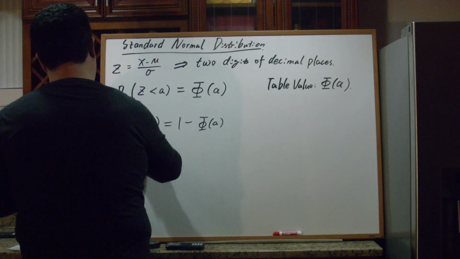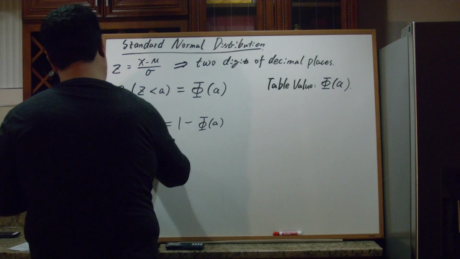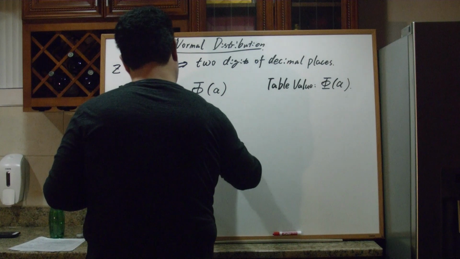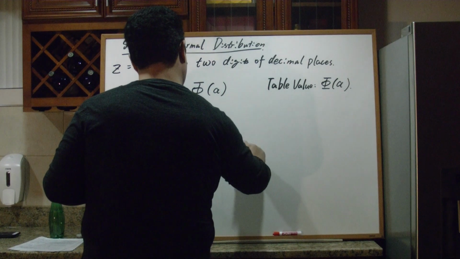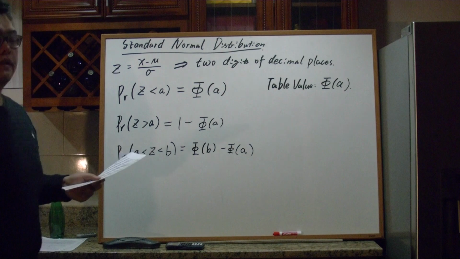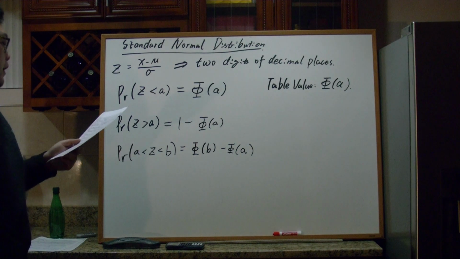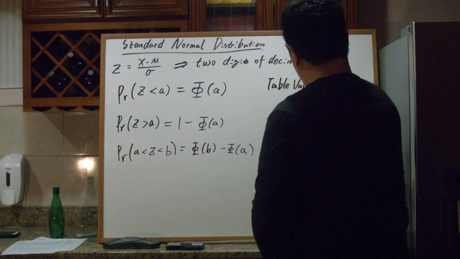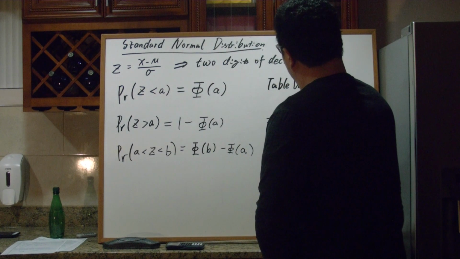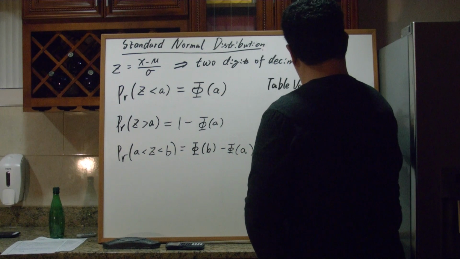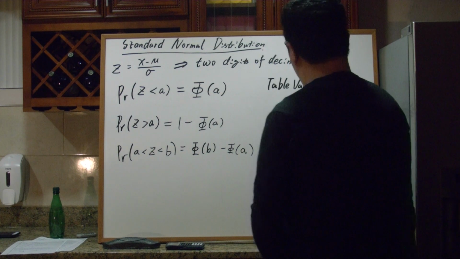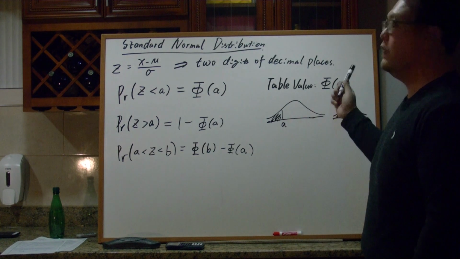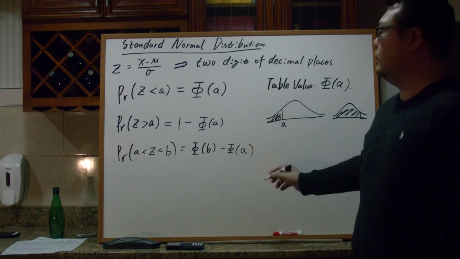And how do we find the area in between? Which is basically the difference of two values. So there are 3 cases. The phi of A is the cutting value for the z-score, and to the left of the value, that's the probability.